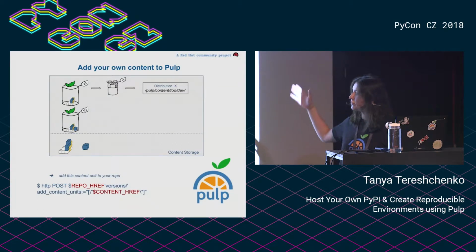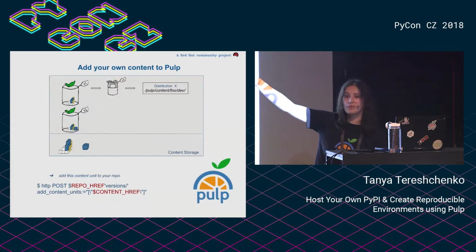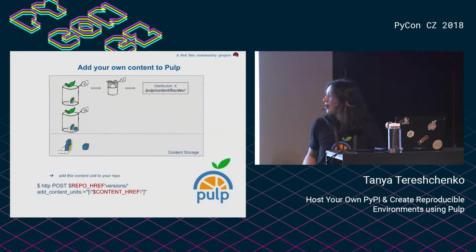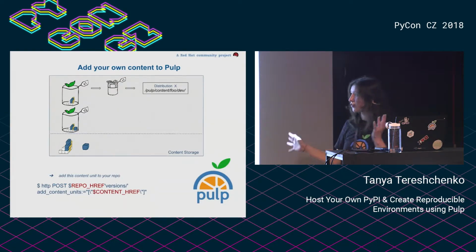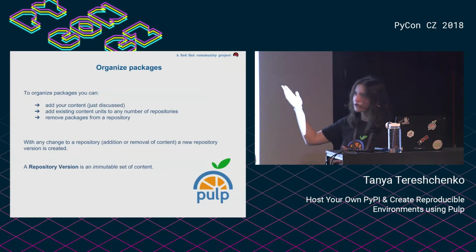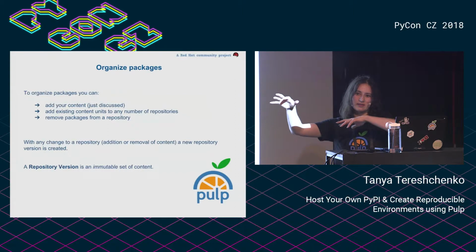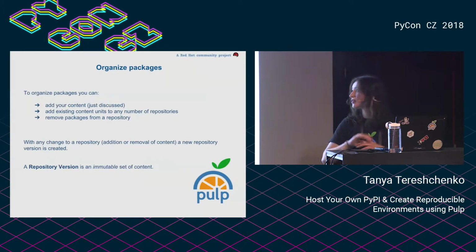And by adding the content to the repository, by changing it, we create a new repository version. So you can further organize content the way you want. You can add your content like we just did. You can take any existing content and spread it across multiple repositories.